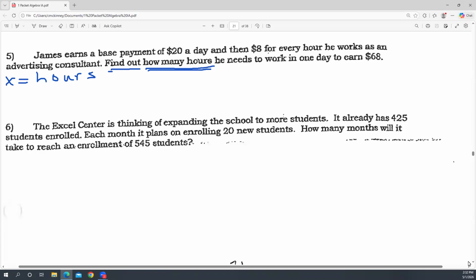So when I look at my numbers, I see he gets 20 and he gets 8 for every hour. So 8 is going to get the X because X, we're looking for hours. And then this is how much we wanted to add up to. So he receives 20 plus $8 an hour.